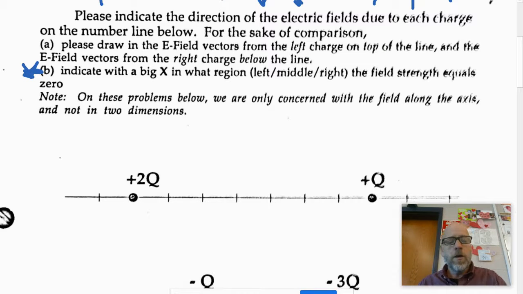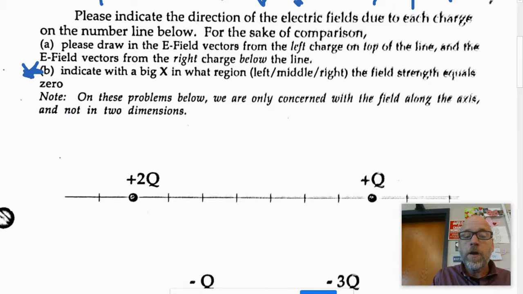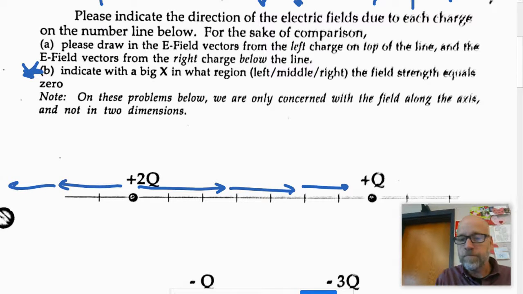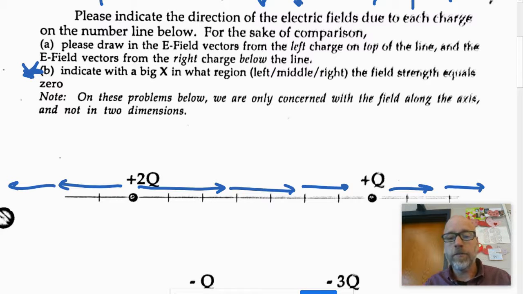So, positive 2Q. The Q could be anything, but it's plus 2Q. So the charge would be plus 2 relative to the charge on our right, which is plus 1. So from the plus 2 charge, we're going to have field lines that emanate away from that charge. In fact, they're going to even continue past the plus Q. The plus Q charge is going to have field lines that point away from it.